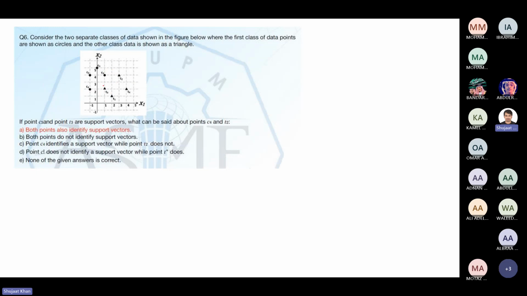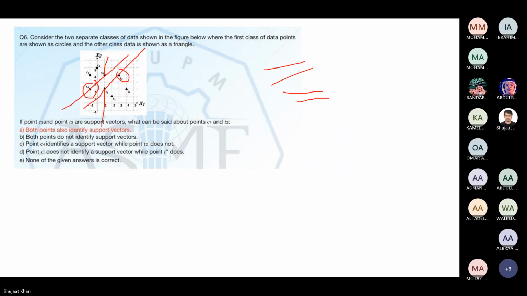We know this is our support vector, and this is our support vector. So the decision boundary should pass like this. Why this? Why not the other, like this, or parallel? Because we will miss this point and this point.